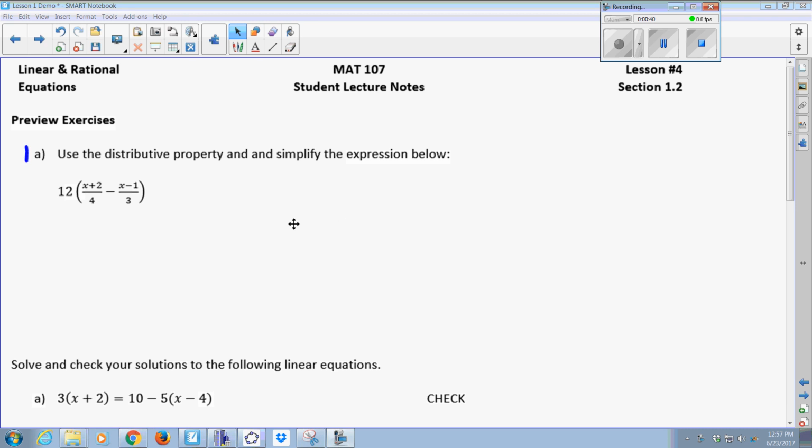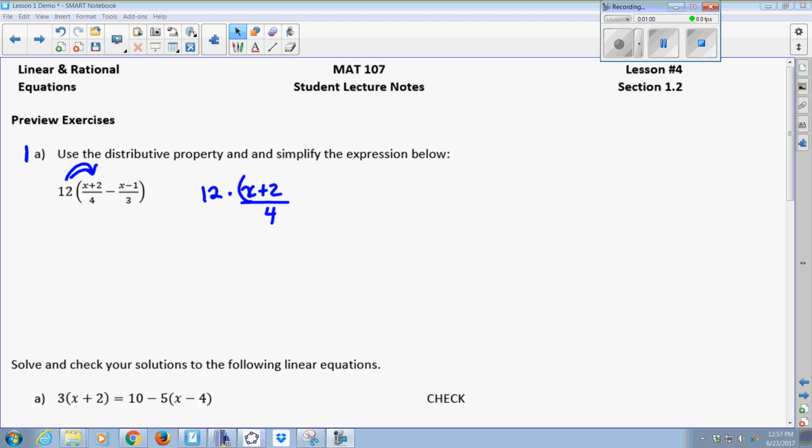As we can see, we have a 12, and the 12 is multiplying two different expressions, two different fractions. So the first thing I'm going to do is take the 12 and multiply it by the fraction x plus 2 over 4.